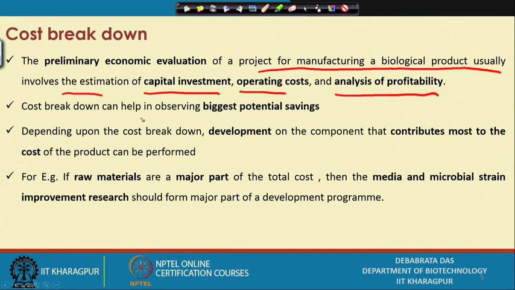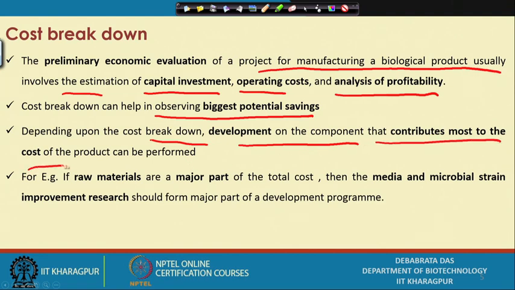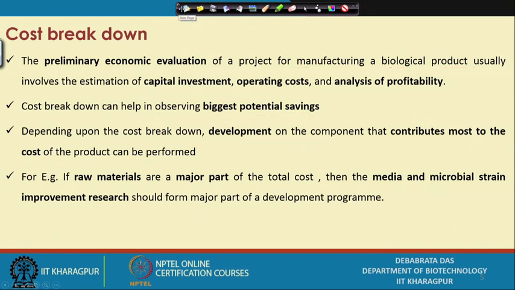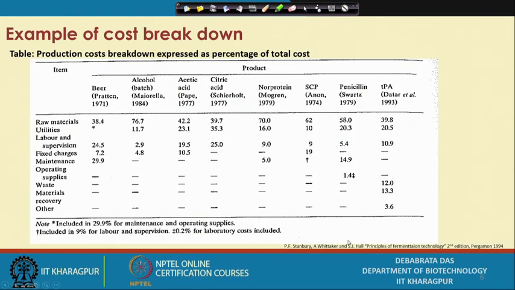Cost breakup can help in observing the biggest potential saving, and depending upon the cost breakup, development of the component that contributes most of the cost of the product can be performed. As for example, if the raw materials are a major part of the total cost, then media and microbial strain improvement research should form a major part of a development program. So, you have to find out which plays a crucial role in the cost distribution.